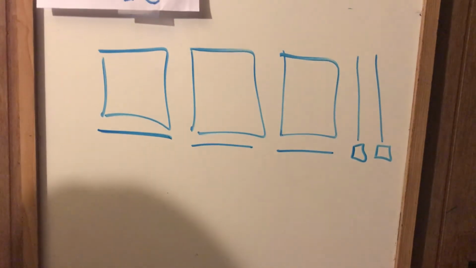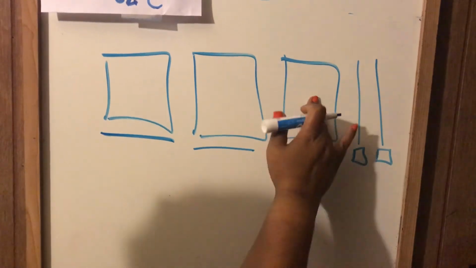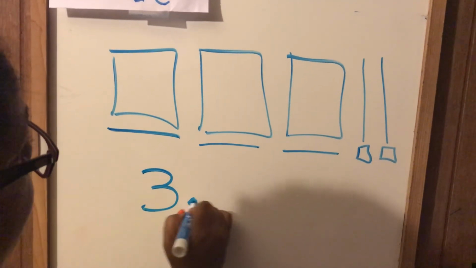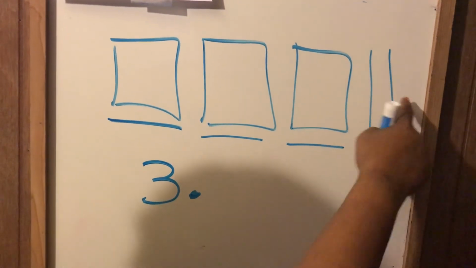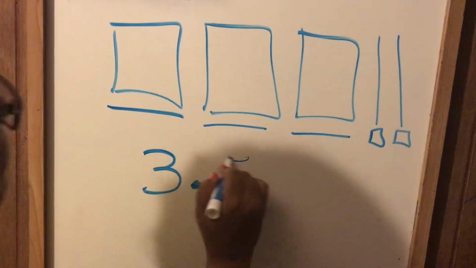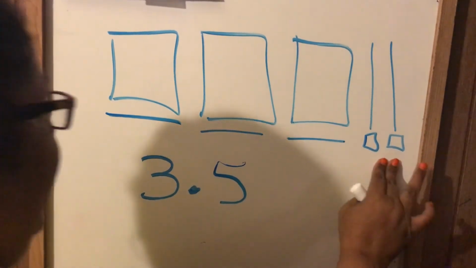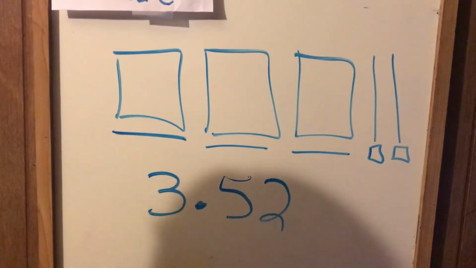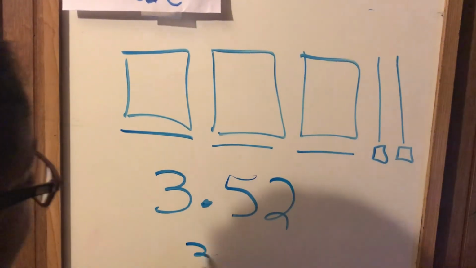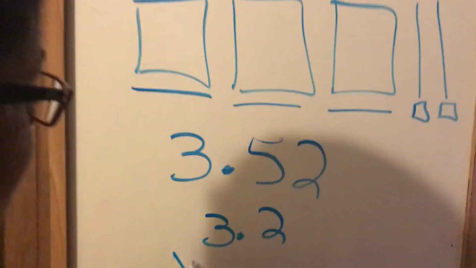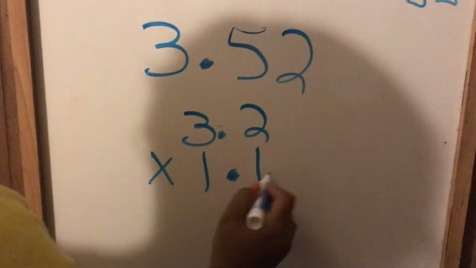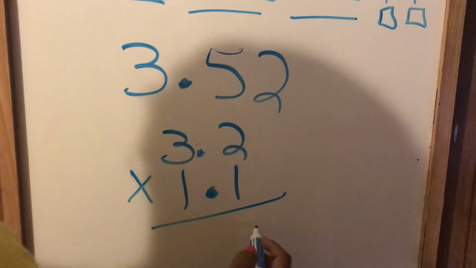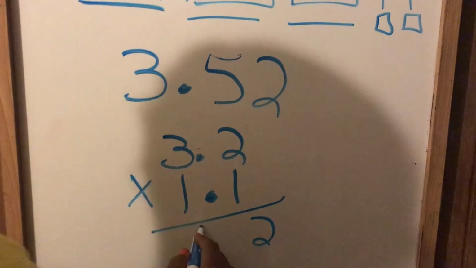All right, let's add it up. I have 1, 2, 3 wholes. 1, 2, 3, 4, 5 tenths, and 2 hundredths. Let's do the traditional algorithm to see if we're correct. So 3 and 2/10 times 1 and 1/10. 1 times 2 is 2. 1 times 3 is 3.